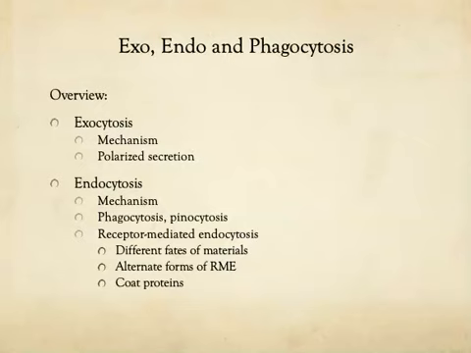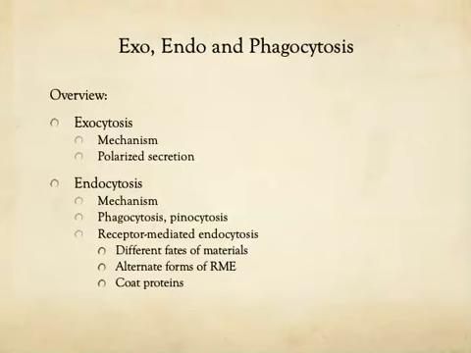Then we'll move on to the more complex topic of endocytosis, which is the process that moves materials into a cell, again, outside of any kind of concentration gradient. We'll discuss the mechanism of endocytosis. We'll talk about different forms of endocytosis, including phagocytosis and pinocytosis.